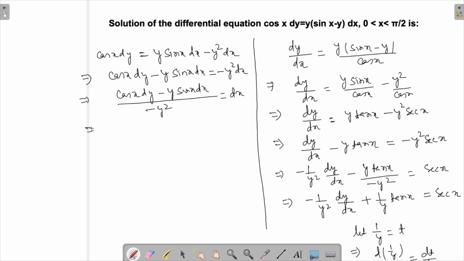Now, again, just because of the minus sign, I'll rearrange it, and this will become y sin x dx minus cos x dy upon y square dx.